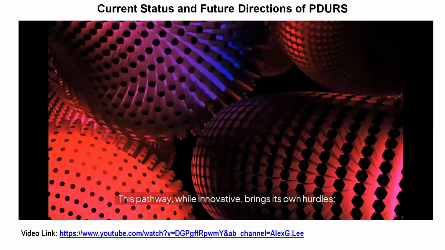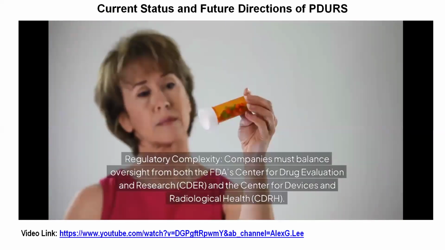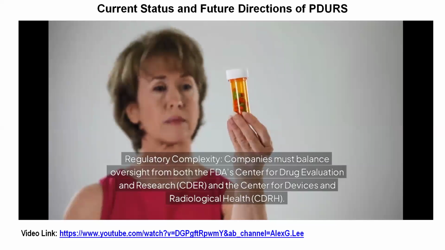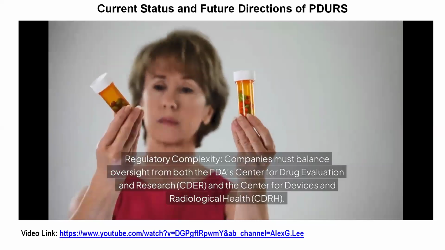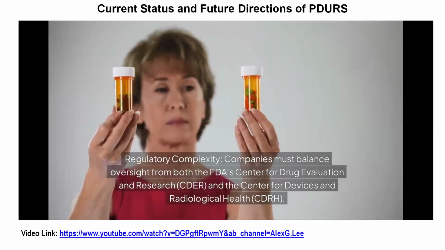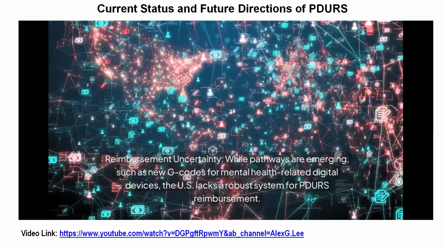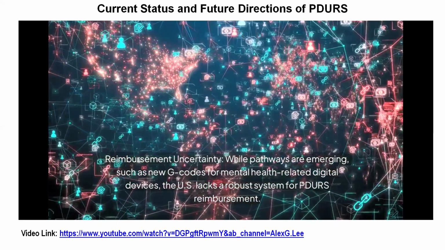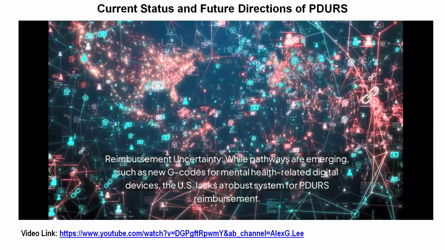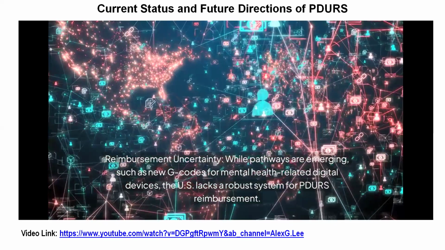This pathway, while innovative, brings its own hurdles. Regulatory complexity. Companies must balance oversight from both the FDA's Center for Drug Evaluation and Research, CDER, and the Center for Devices and Radiological Health, CDRH. Reimbursement uncertainty. While pathways are emerging, such as new G codes for mental health-related digital devices, the US lacks a robust system for PDURS reimbursement.